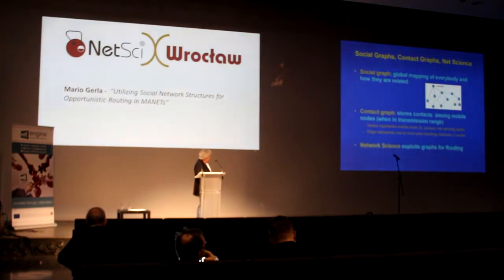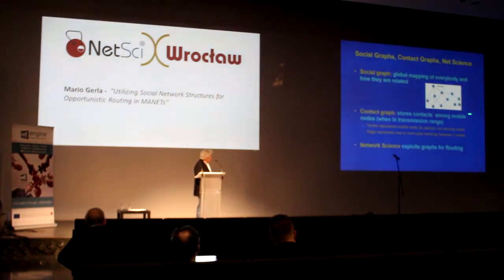In particular, looking at a contact graph, which stores contacts among the mobile nodes. And this contact graph is constructed as we go. So this is constructed in distributed fashion. So the vertices here represent mobile nodes. It could be people, pedestrians, it could be cars, it could be drones, whatever moves.